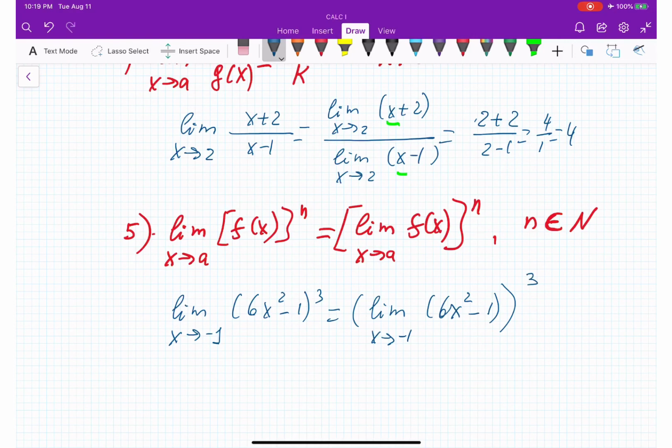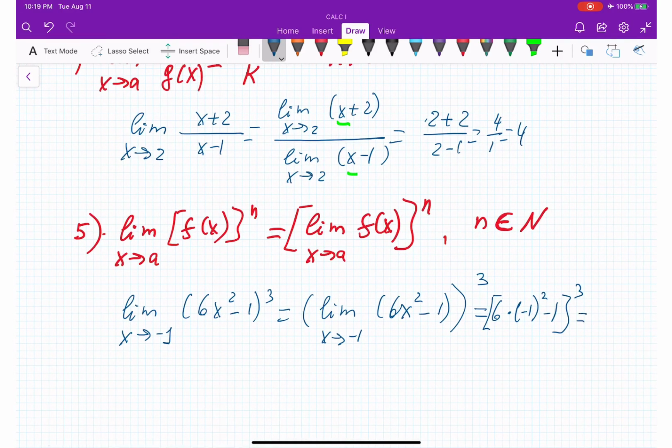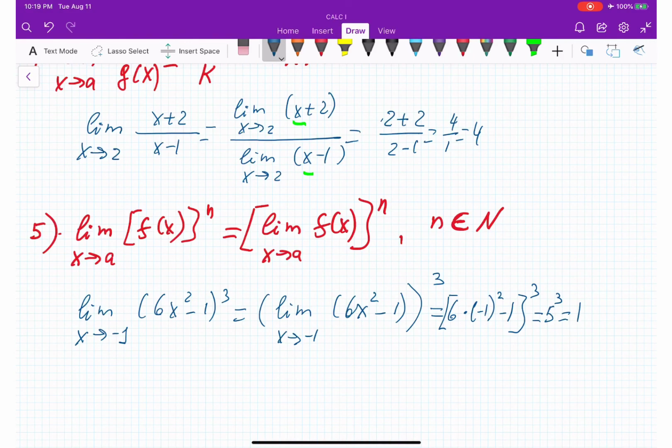So if I plug in -1, I'm getting 6 times (-1) squared minus 1, and all this, let me put square brackets for readability, to the power 3. The result is going to be 6 times 1, which is 6, minus 1 is 5. 5 to the power 3 is equal to 125.